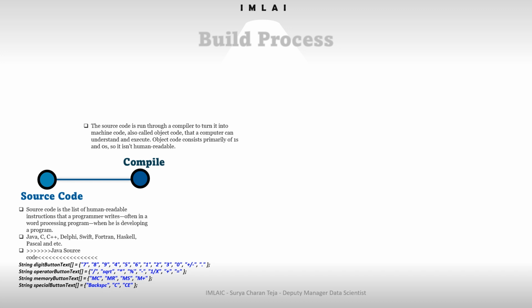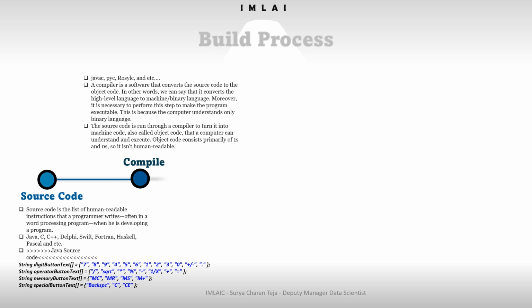This is because the computer understands only binary language. Some compilers convert the high level language to an assembly language as an intermediate step, whereas some others convert it directly to machine code. This process of converting source code into machine code is called compilation.